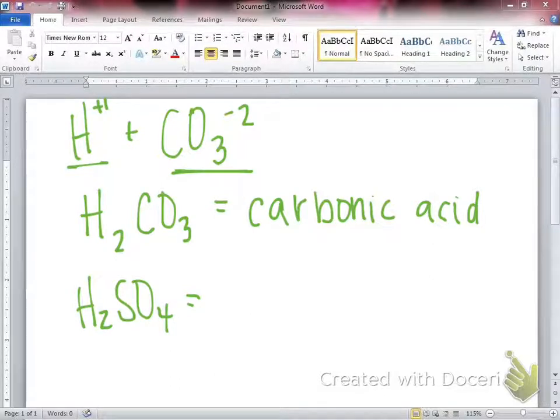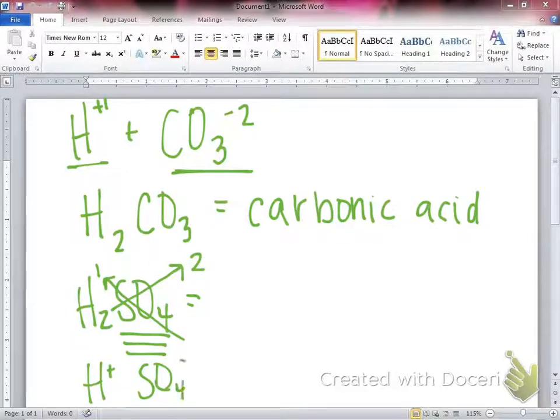The first thing that you do when you start to name these acids is you need to look and see what polyatomic ion sits on the right-hand side. This SO4 molecule, what is that polyatomic ion called? Sulfate, right? Because if we work backwards, this 2 is going to come up to the top, and this 1 is going to come up here, which means we have H plus and an SO4 minus 2.